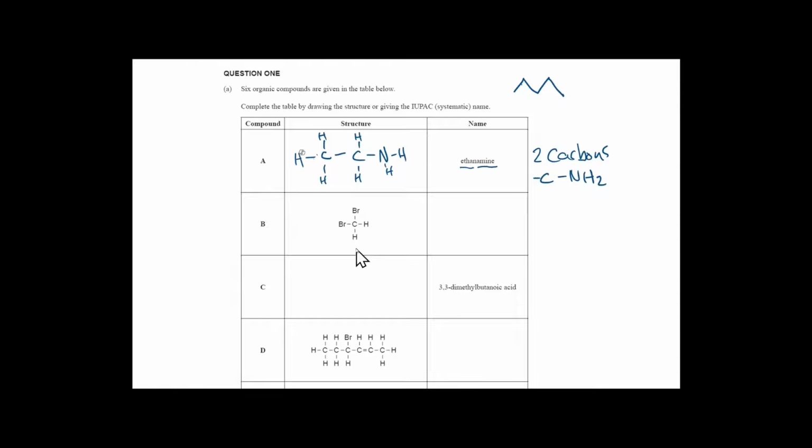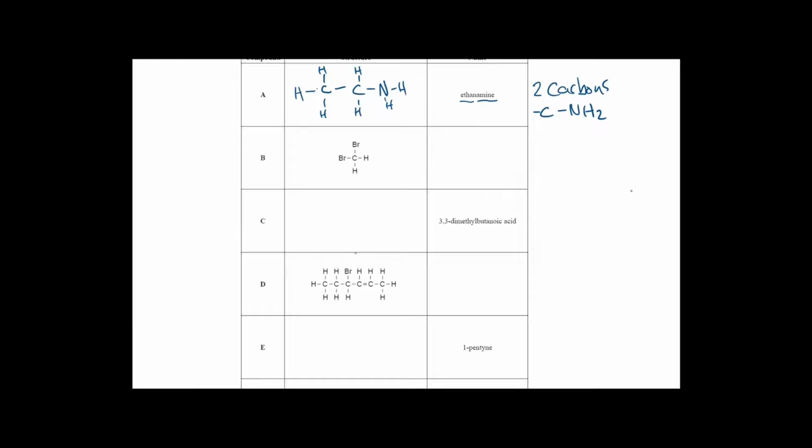Next one. So let's look at what we've got. We've got here 2 bromines, so it's going to be dibromo something. And there is 1 carbon, so meth is going to be in there somewhere. So is it a methane, methine?